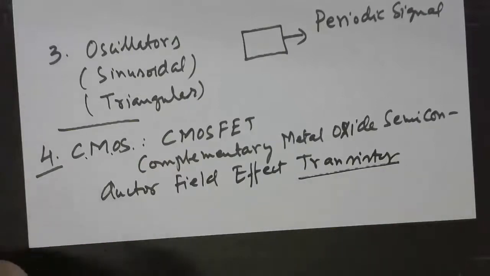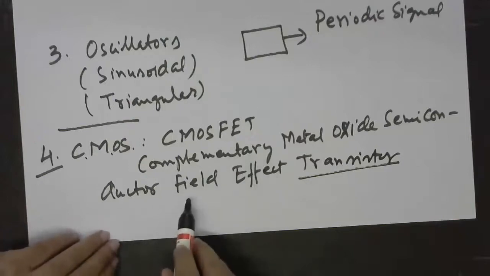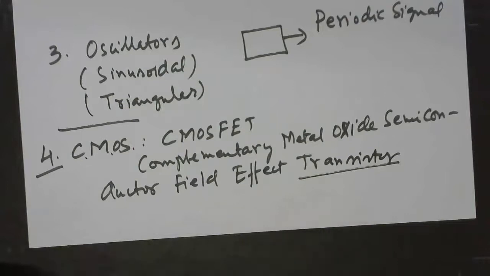For example, BJT is another transistor, and here you can see that we have what is called a field effect transistor. So functionality is slightly different from that of the BJT, but here also holes and electrons are basically involved, and the theory is explained in terms of those two elements.